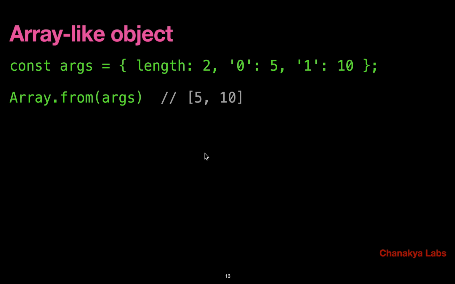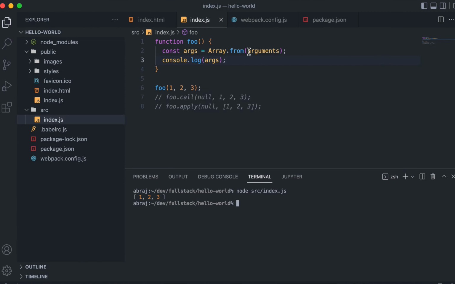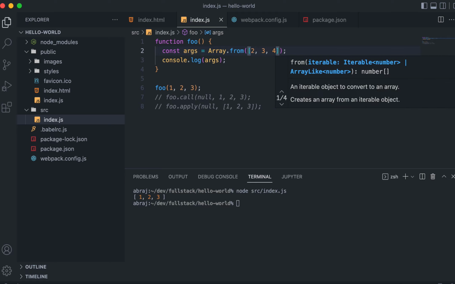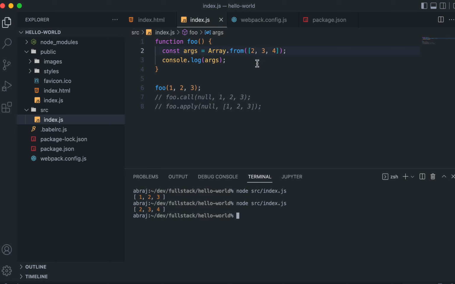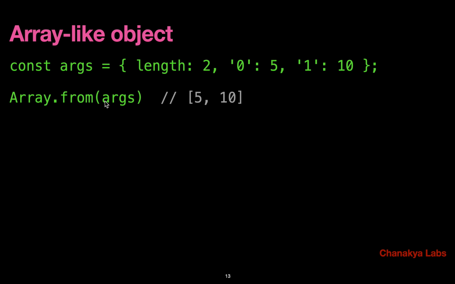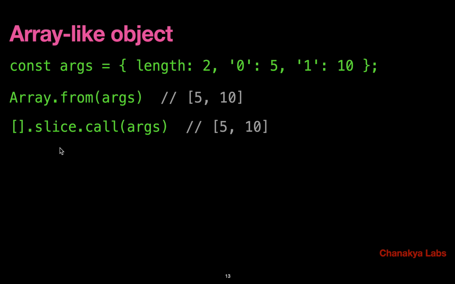If you pass some array also, then it works fine, like 2 3 4, right? So you see that this is also working. But instead of an array, if you are passing an array like object, then also array.from converts that to a proper array in JavaScript.